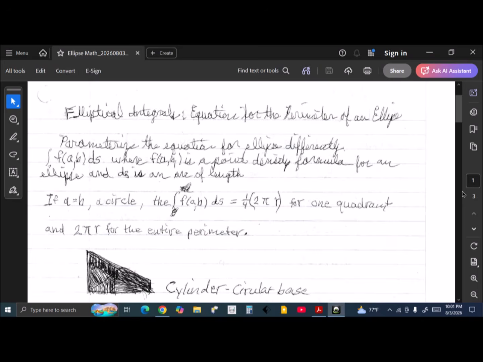Usually it would be parameterized in terms of the angle theta, and that is the parameterization that leads us into the trap of getting an unsolvable integral, the elliptical integral, for which there is no closed form solution. Therefore, if we try to parameterize it differently, then that might have us achieve something that is solvable.